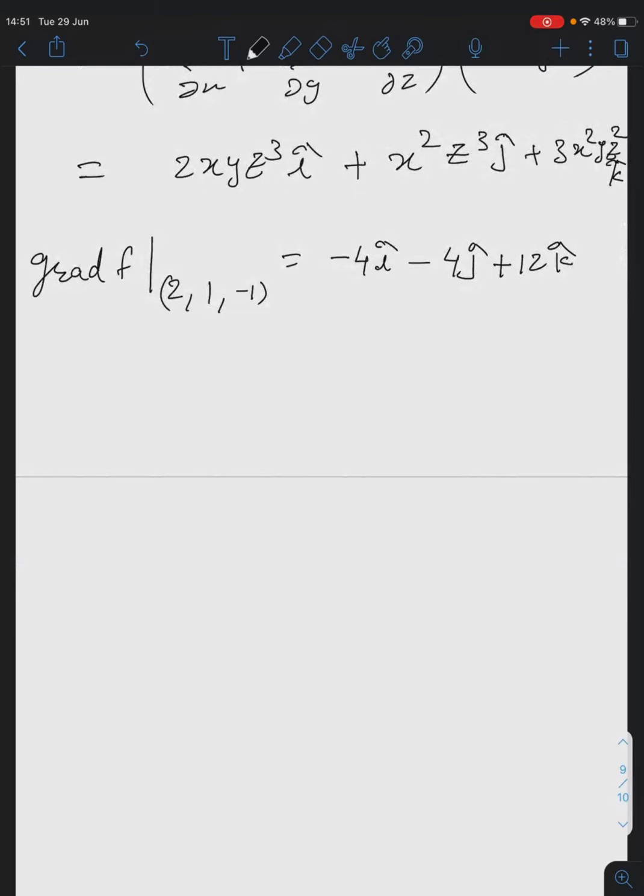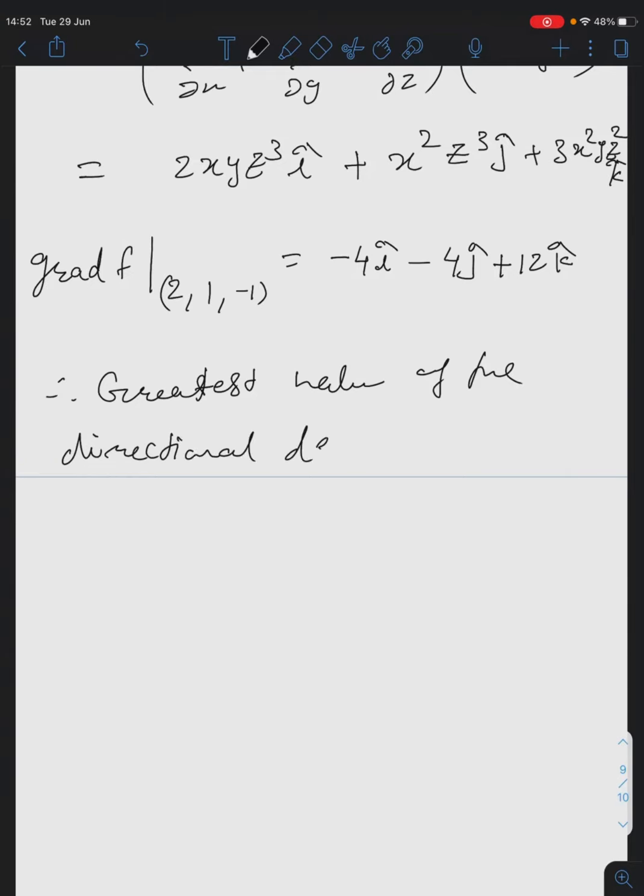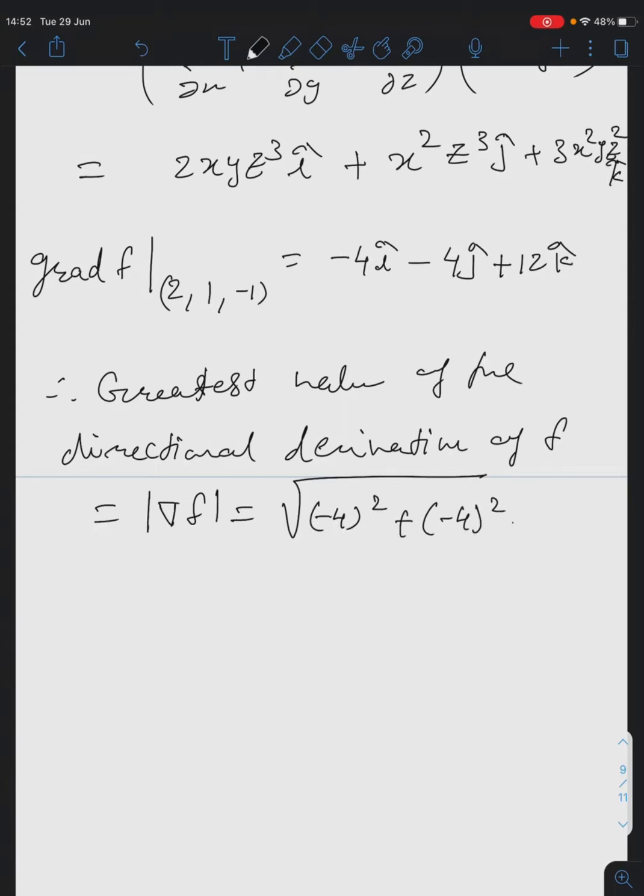Now the greatest value of the directional derivative of f is given by mod of del f. So just calculate it: minus 4 square plus minus 4 square plus 12 square, so that is root over 16 plus 16 plus 144.